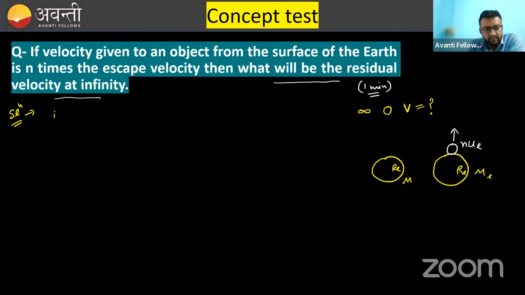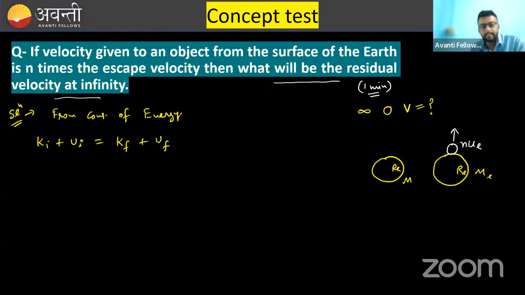Now, from conservation of energy, what we can write is that initial kinetic energy plus initial potential energy is equal to final kinetic energy plus final potential energy. I think this concept is pretty much clear. Conservation of mechanical energy.